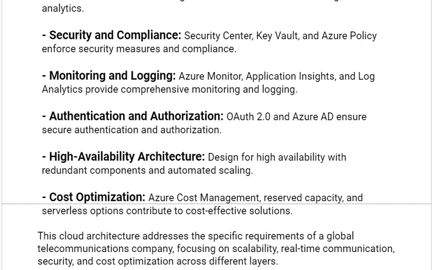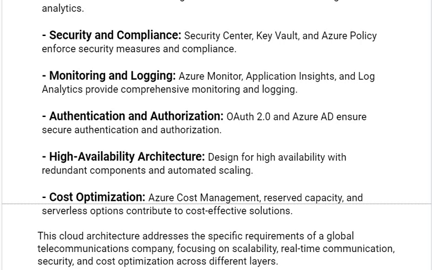Next reasoning is high availability architecture. Designed for high availability with redundant components and automated scaling. Our last reasoning is cost optimization. Azure Cost Management, reserved capacity, and serverless options contribute to cost-effective solutions.